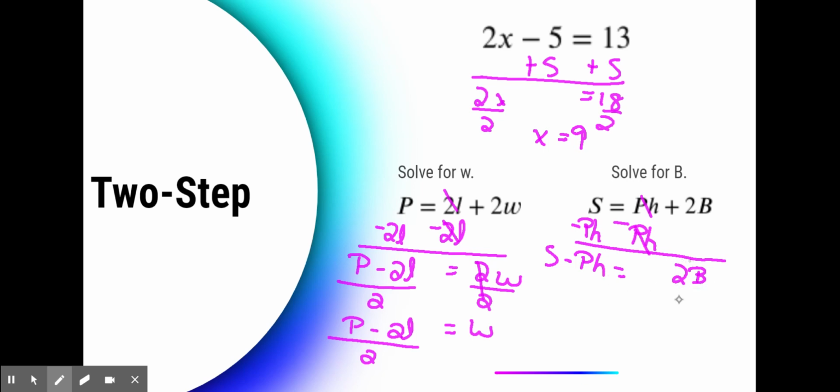Now, this is 2 times b, so my inverse operation is division, and I'm going to divide the whole side by 2. Okay, so those cancel, and I have B equals S minus pH all over 2.